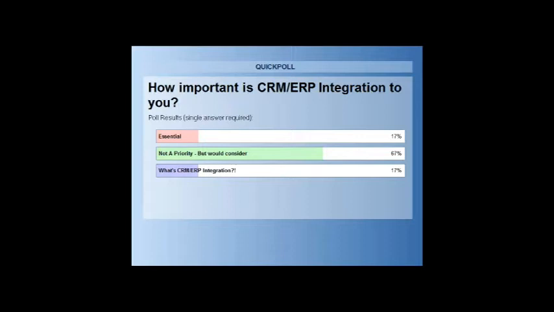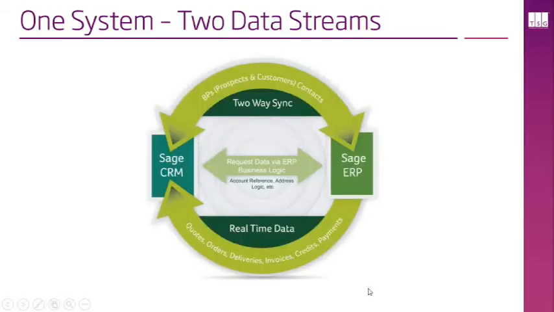Not necessarily. Well, hopefully what we'll be able to show is how it really can add some great business benefit. And if you look at this diagram on the screen right now, this really just talks about how the integration works. So, you can choose whether you integrate CRM into Sage 200 or keep it separate.